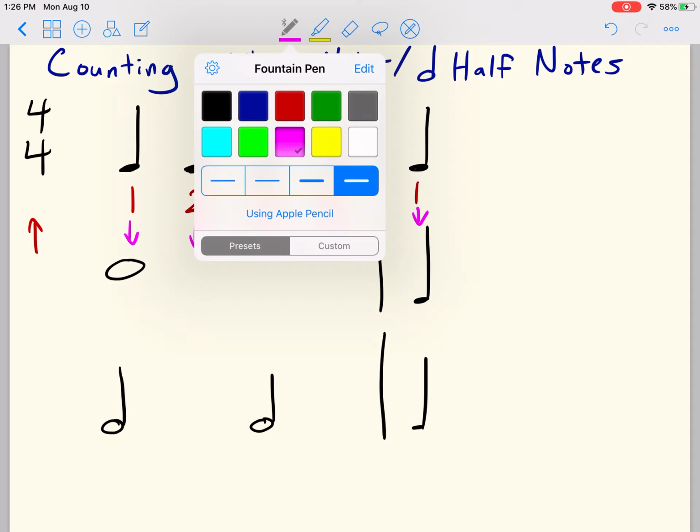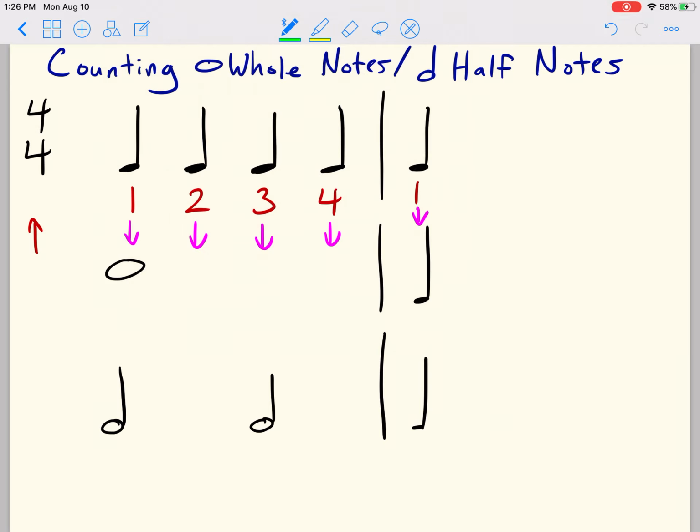And that means that your foot is going to be hitting the ground every time you hear one of these clicks, one of the beats. 1, 2, 3, 4, down, down, down, down, which means right in between is going to be when your foot goes up, down, up, down, up. So there's ups in between every downbeat.